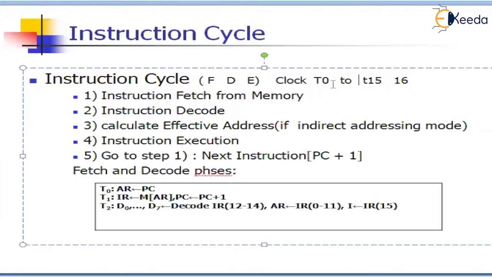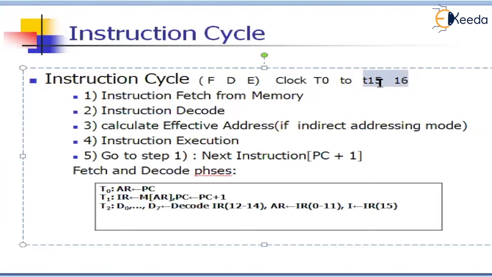That means the maximum number of clock pulses provided to every instruction for fetching, decoding, and executing is 15. Once the instruction is finished, again the clock will be reset.